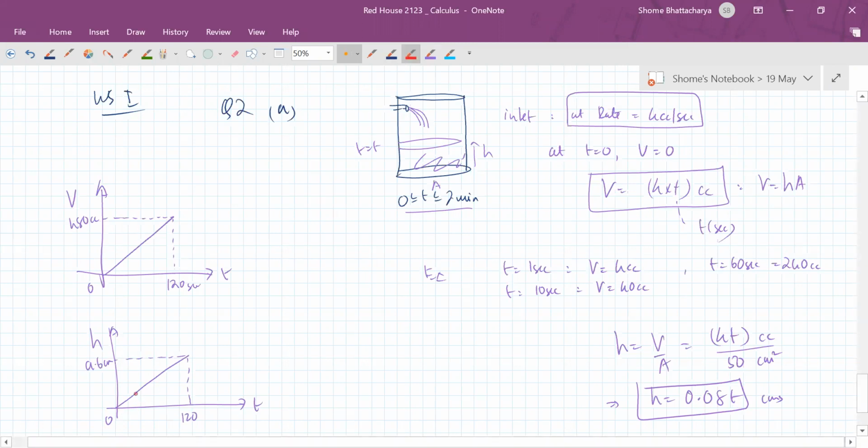So at this point of time, the rate delta h by delta t is equal to the slope of this, which is 0.08 centimeters per second. Just like the rate at which the volume is changing is the slope of this, so that is 4 cc per second.